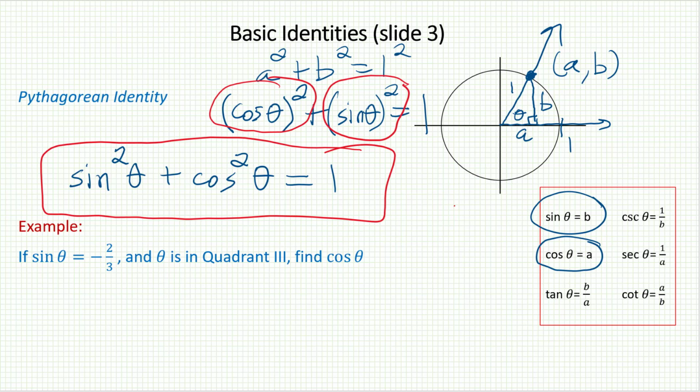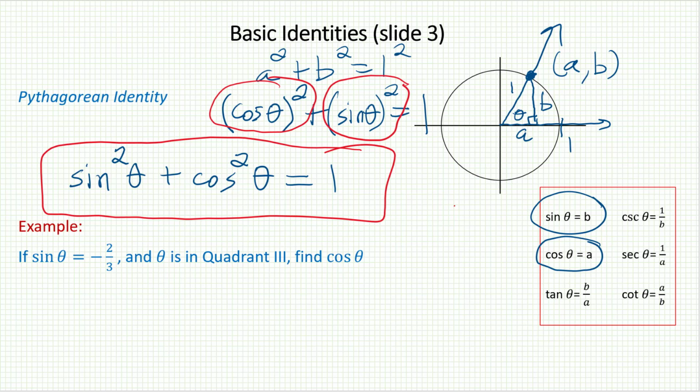Let's take a look at an example. I have the sine ratio. It is negative 2/3. I'm also told some quadrant information. We'll see why that's important later. And I want to find the cosine ratio. Well, the Pythagorean identity is perfect for this situation because it links up the sine ratio and the cosine ratio. Let's see, I need to plug in the sine ratio and determine the cosine ratio.